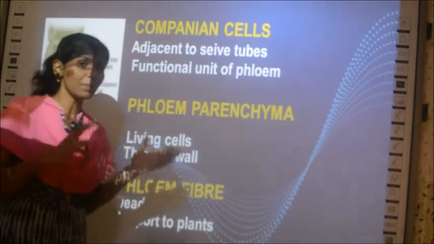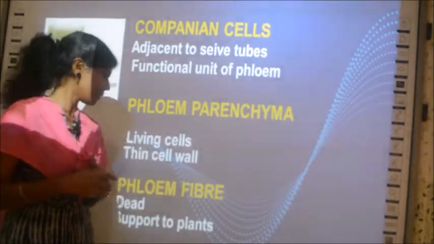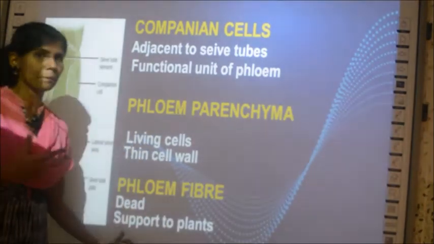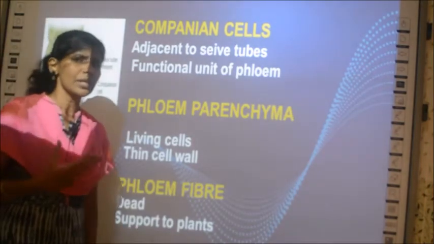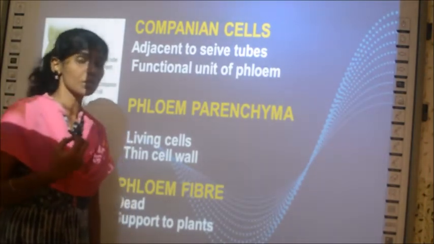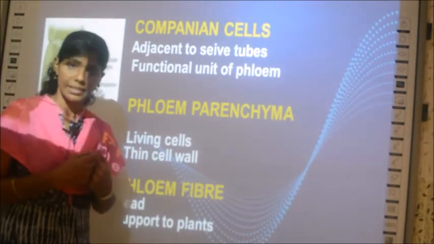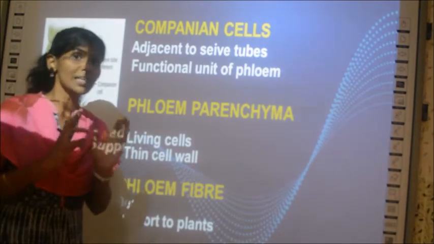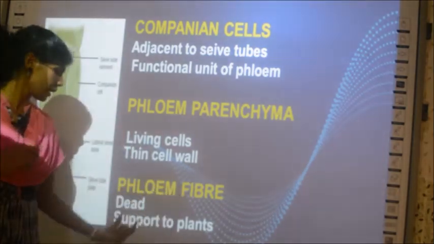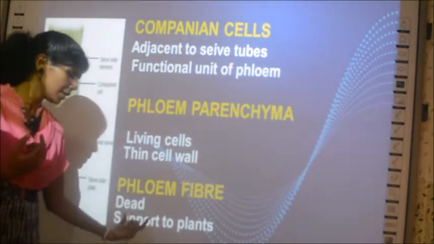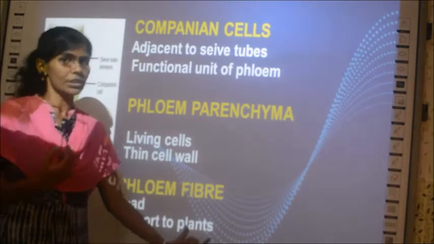Another property similar to xylem fiber is that they also support the plants. What did we learn in xylem fibers' function? They give mechanical support to the plant. Similarly, phloem fibers also have the same function. They also give support to the plant.